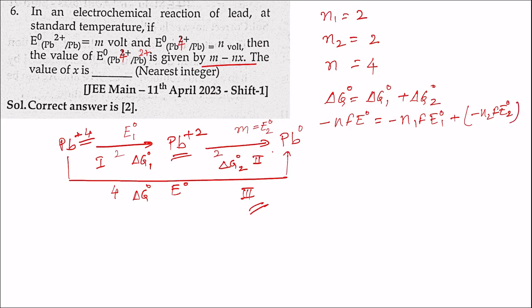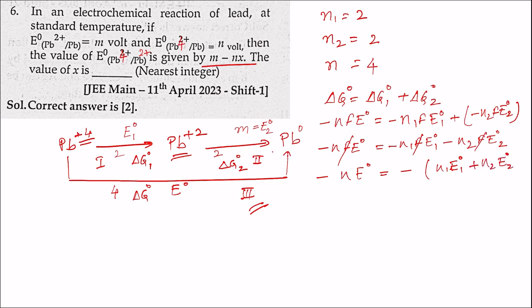Simplifying, F gets cancelled, and taking the minus sign in common, this becomes minus N E naught is equal to minus N1 E naught 1 plus N2 E naught 2.